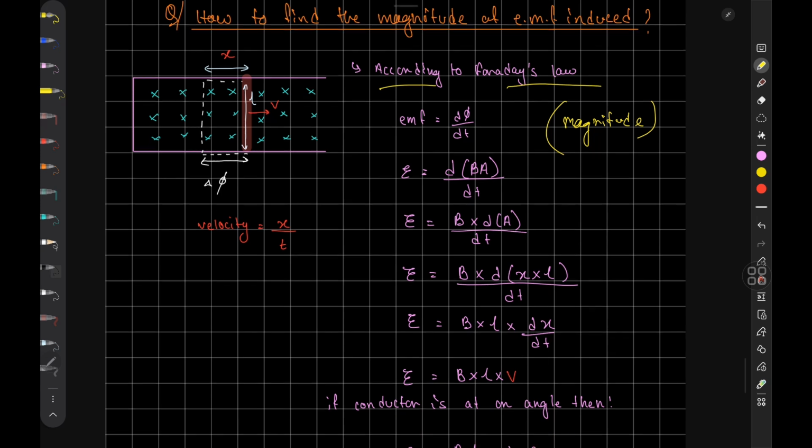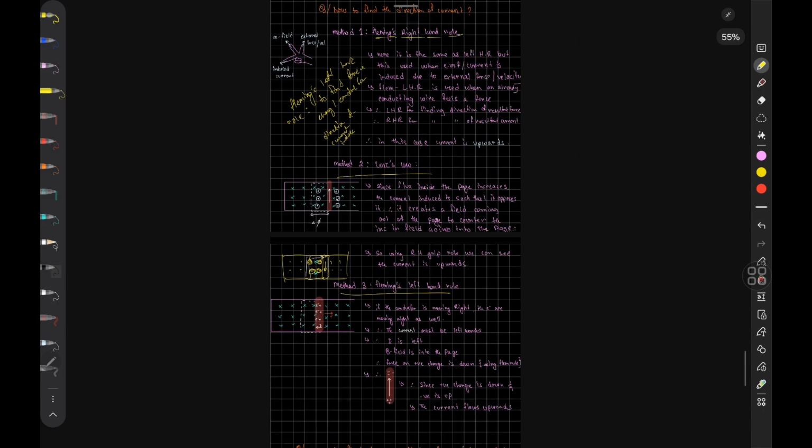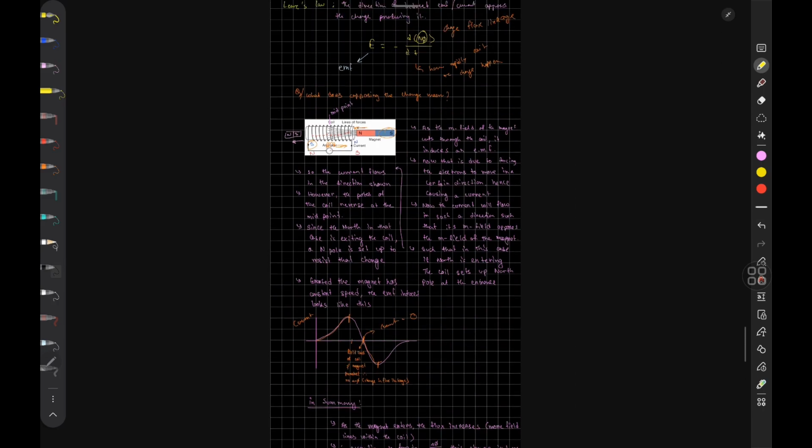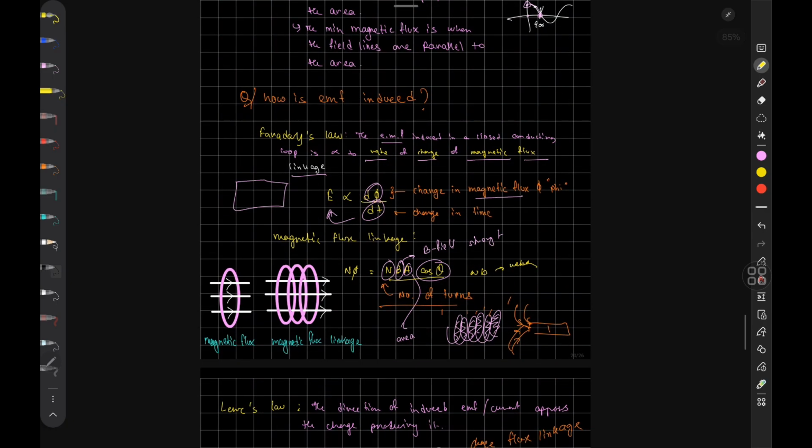I want to find the value. So E is equal to d of, that is a small change in BA, then this is basically your phi, you know, is BA cos theta. Okay, where do we see this? You see this over here. So BA cos theta.